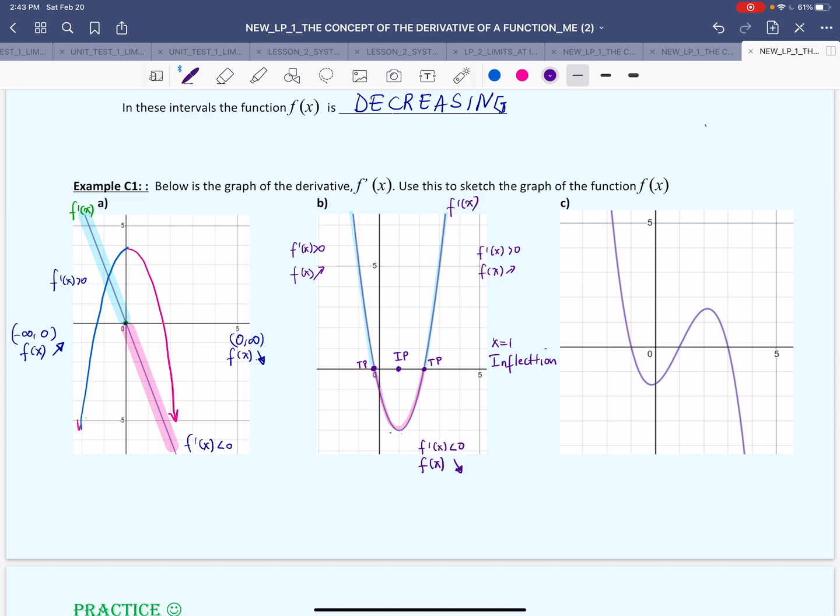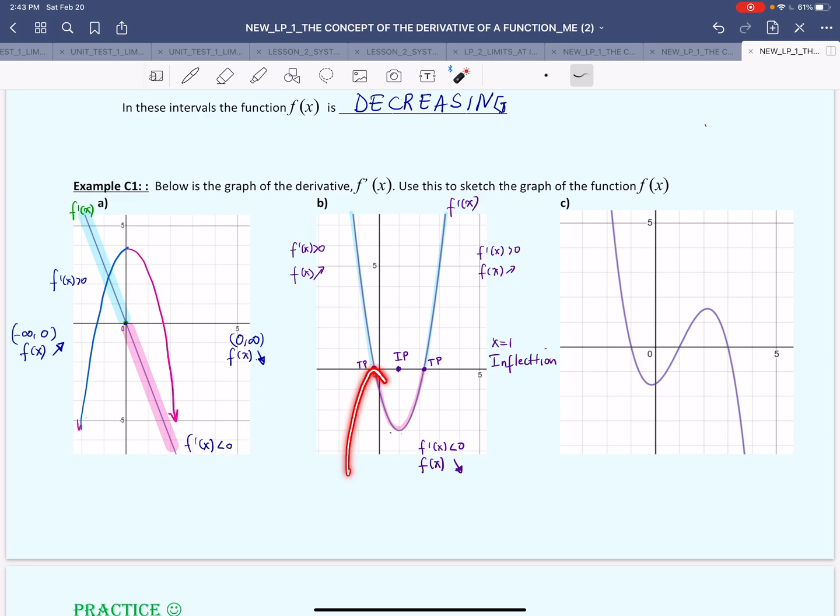So let's try to sketch a graph with all the information as we deduced here, okay? So what we have in here is f prime of x positive, f of x is increasing. So we can say that f of x is increasing, making a turn here, all right?